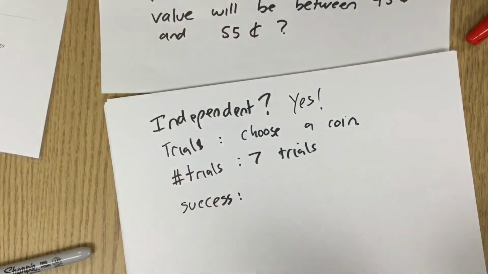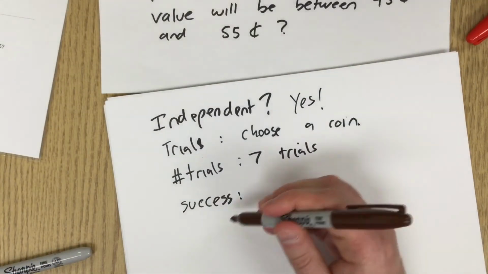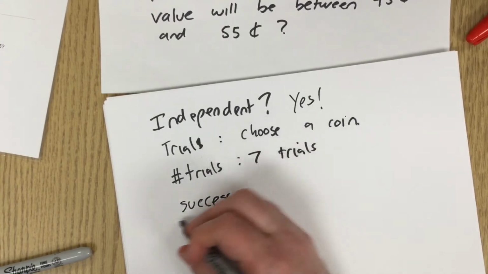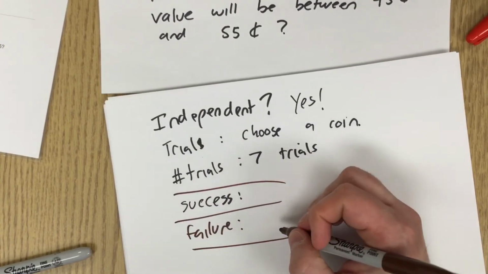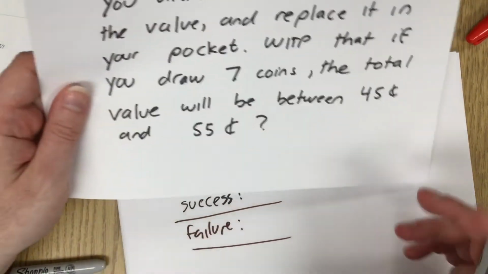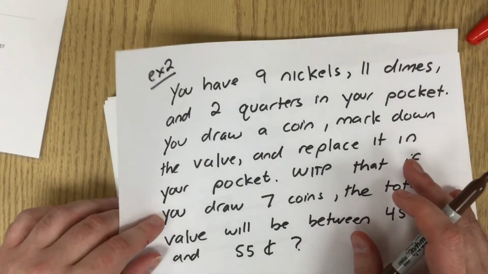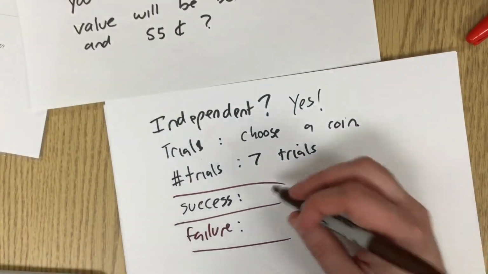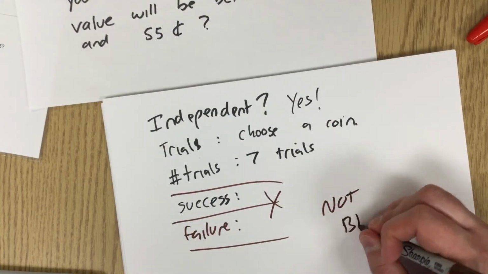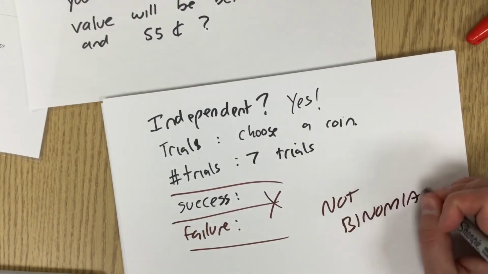We have to be able to divide the outcomes into two groups, one group we call success and one group we call failure. And we have to know how many successes we want. But there's no way to tell from this how many we want. So it fails here, and it's not binomial either.